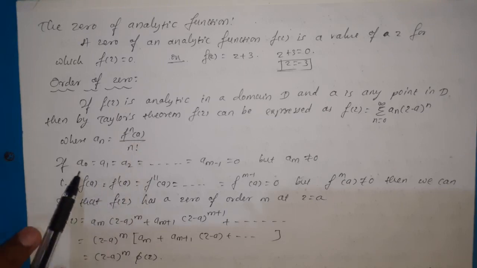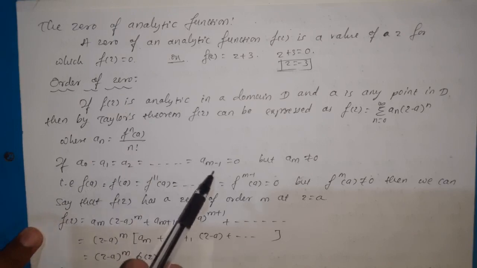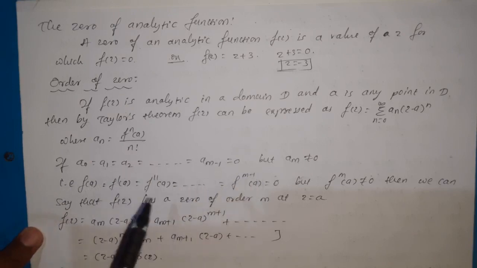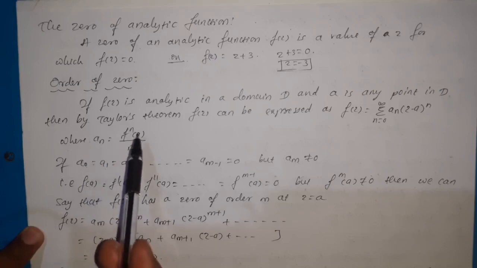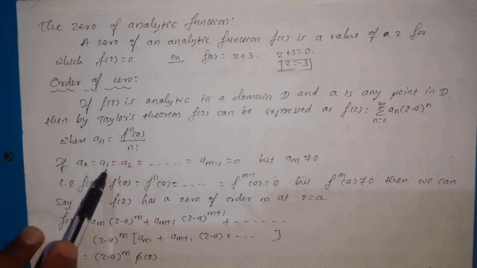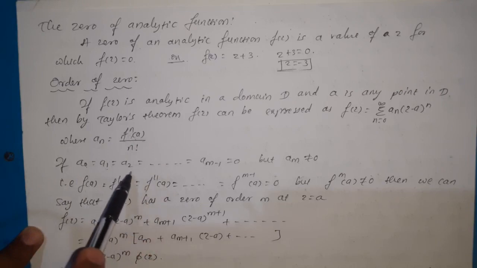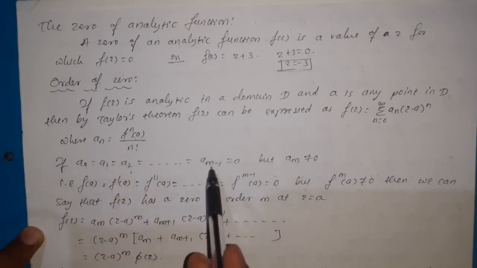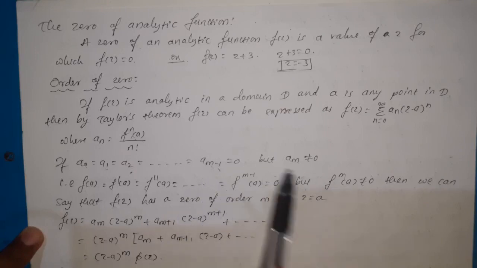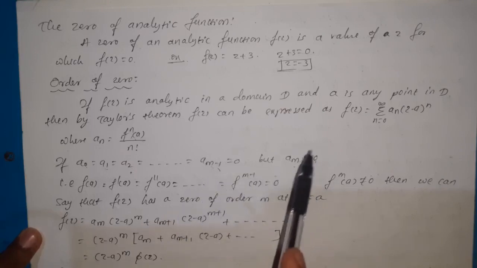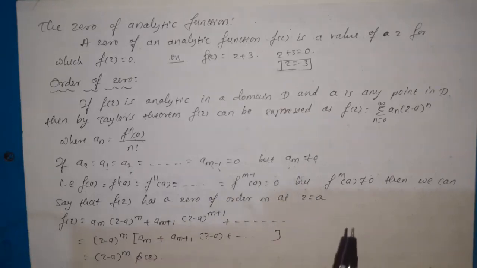So if a0, a1, a2 and so on up to a_(m minus 1) equal 0, here a0 is the zeroth order derivative, a1 is the first order derivative, a2 the second order derivative, and so on, a_(m minus 1) is the (m minus 1)th order derivative. But a_m is not equal to 0, meaning all the derivatives up to m minus 1 are equal to 0, but the mth order derivative is not equal to 0.